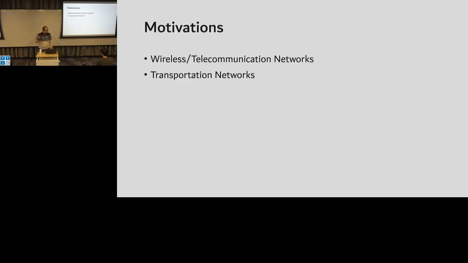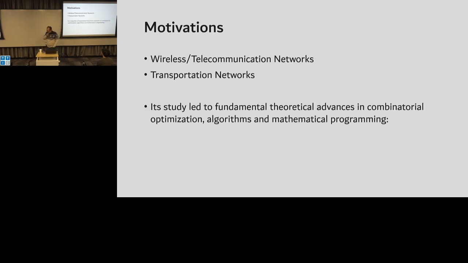So what are the motivations? It's a very old, classic problem, with motivation coming from wireless telecommunication networks or transportation networks, when we would like to add robustness and resilience to the underlying network. Besides that, it's known to be very fundamental in TCS as well, and in combinatorial optimization. Many of the advances in combinatorial optimization approximation algorithms have happened when studying this problem.